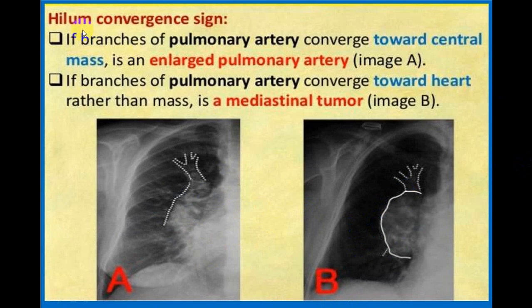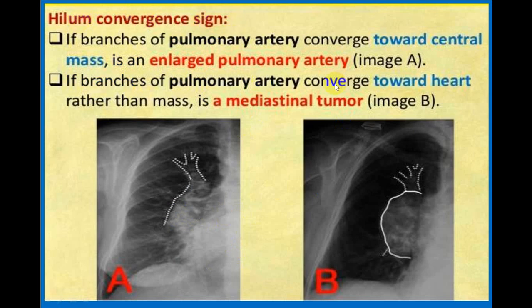Now this is called the hilum convergence sign, which is if the branches of the pulmonary artery converge towards the central mass, this central part, it is an enlarged pulmonary artery. We call that the hilum convergence sign.